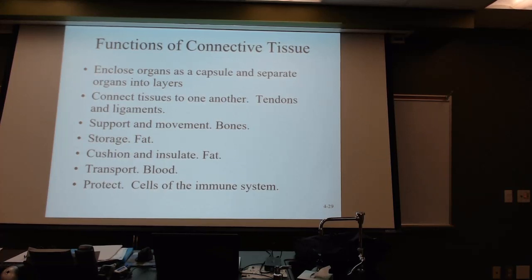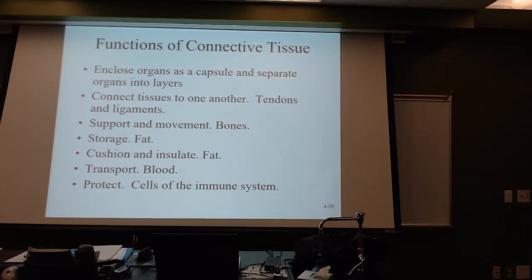Connective tissues help connect one tissue to another. Tendons and ligaments, for example. They help for support and movement. Think about the cartilage and the bones. They help with storage.